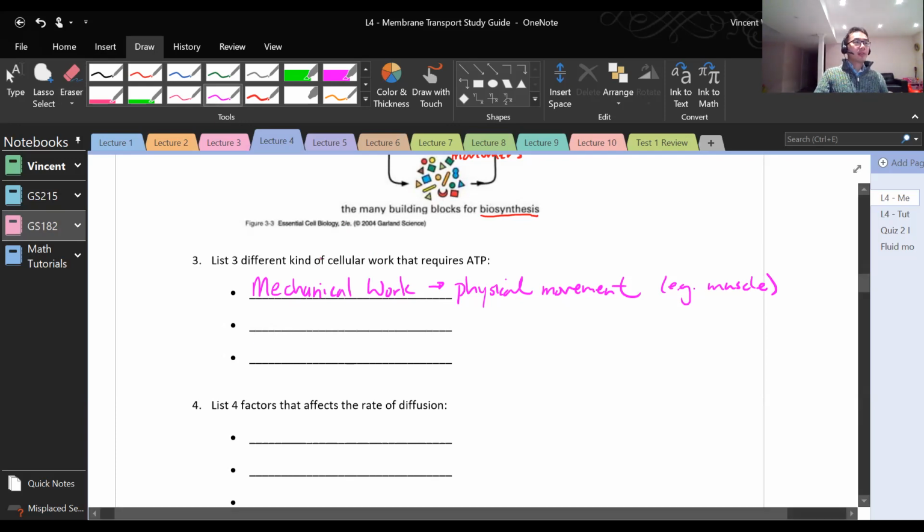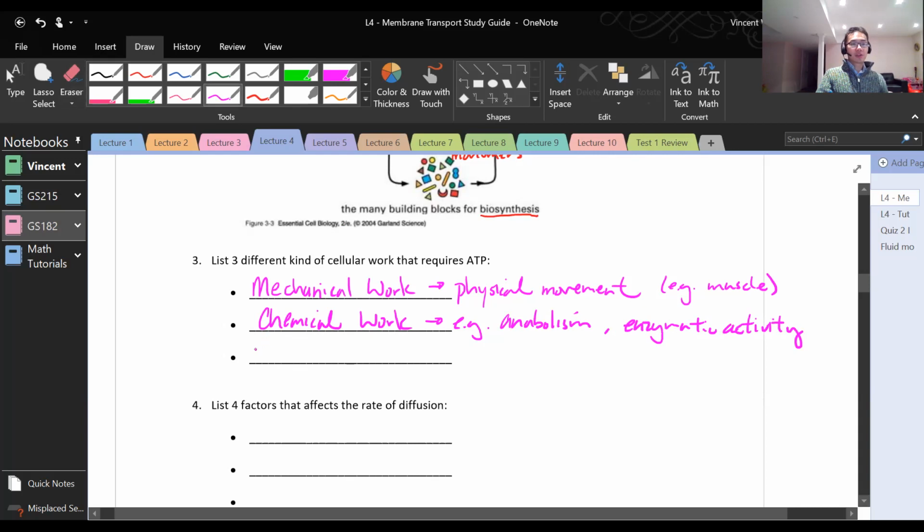Yeah, Adriana said chemical, and Tina said transport. Very good. So chemical work, such as anabolism, right? That's chemical work. Enzymatic activity requires chemical work.